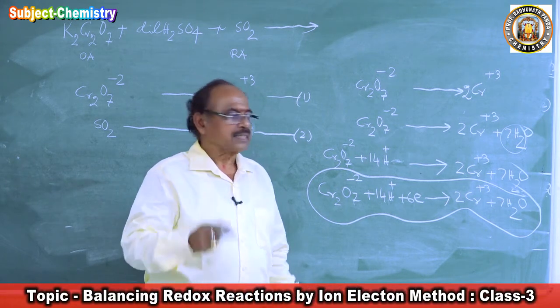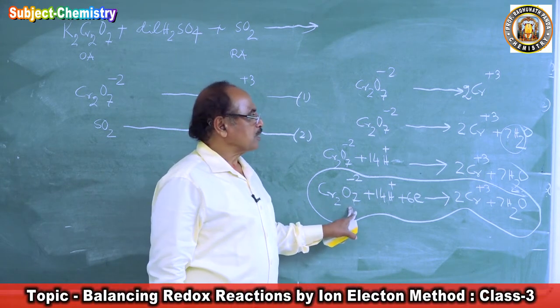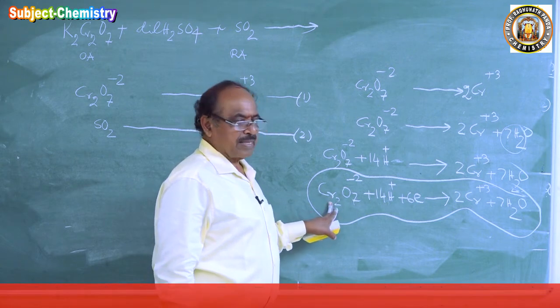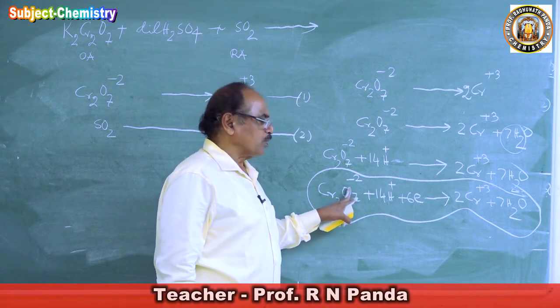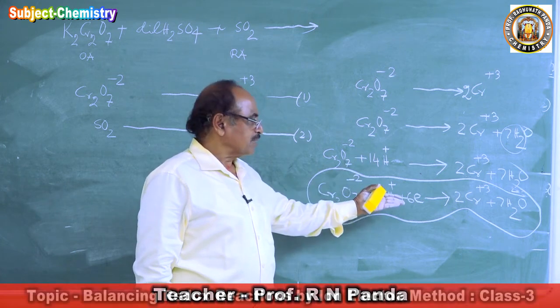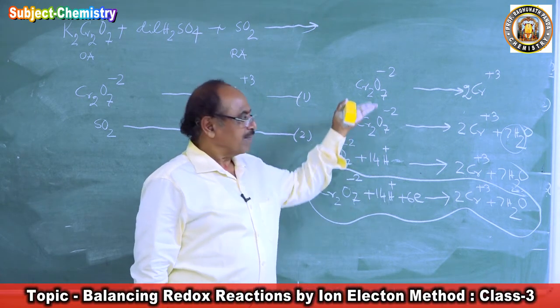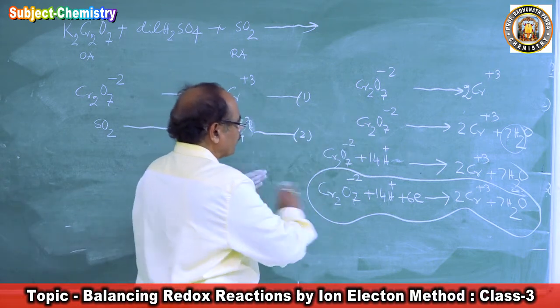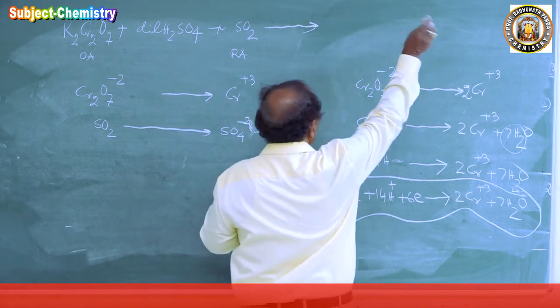So these are the two things this reaction tells us. The standard reaction for potassium dichromate is Cr2O7^2- plus 14H+ plus 6e- gives 2Cr^3+ plus 7H2O. I have done it, so I will not be doing it often.